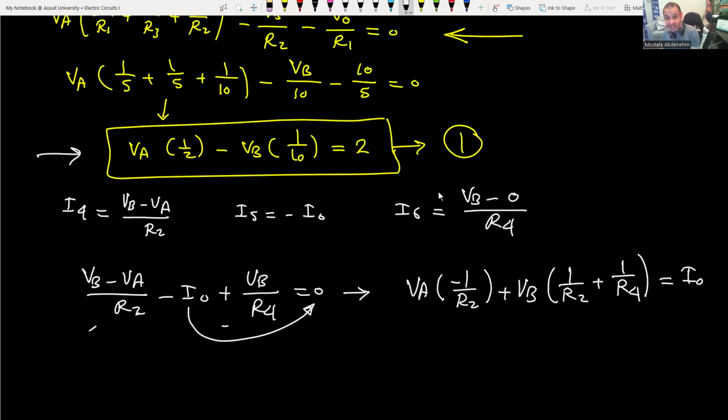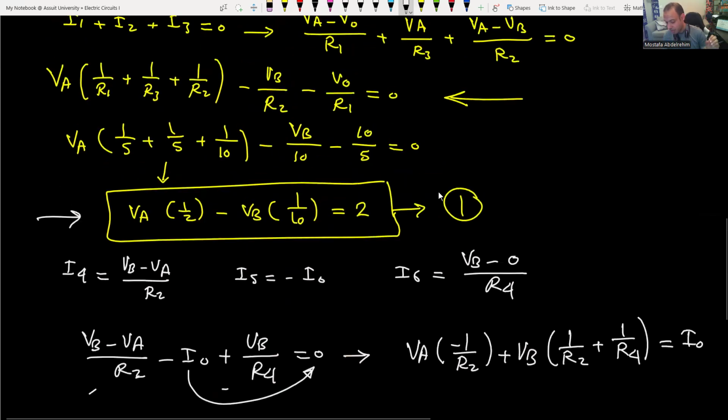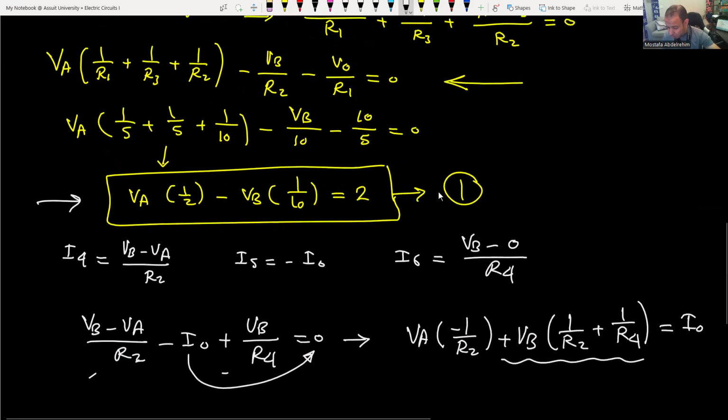Again, I insisted on making it in that symbolic form to show you that usually, or always, you're going to end up with a positive term, which is the term of the node that you solve at, which is VB in this case, multiplied by the summation of the reciprocals of all the resistances connected to it.